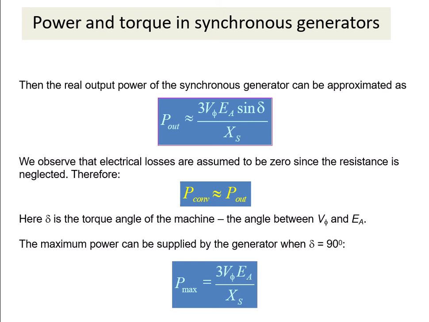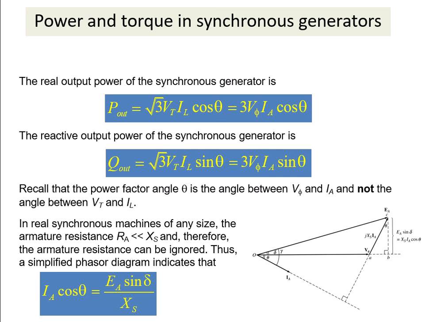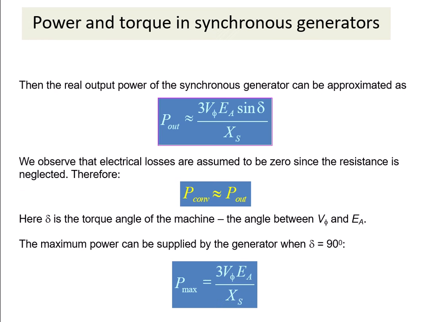We observe that the electrical losses are assumed to be zero since the resistance is neglected. If we neglect the resistance, then our P conversion becomes the P out. Here delta is the torque angle of the machine between V phi and EA.